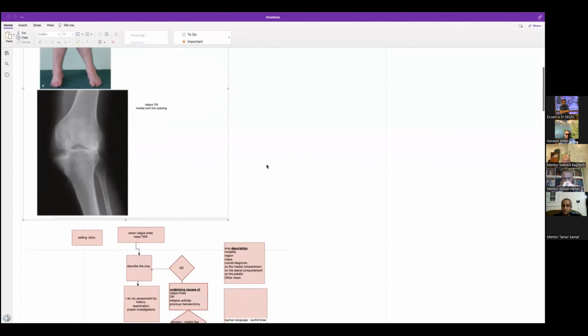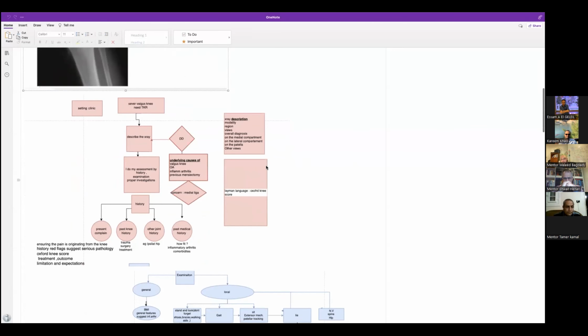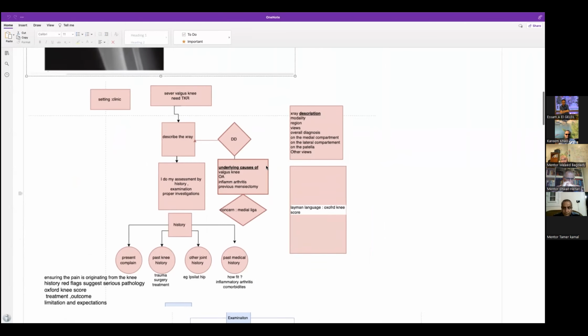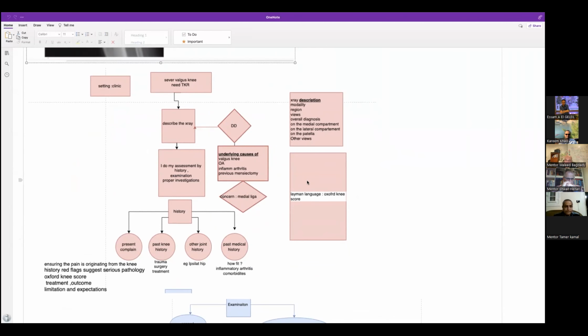Okay, so when you come to a case like that, I just give you the pathway. First of all, you have a severe valgus knee, and usually they get this case as a short case to ask about what prosthesis you are going to use, or they bring this as a viva table and ask you how to assess this patient. First of all, you describe the X-ray.